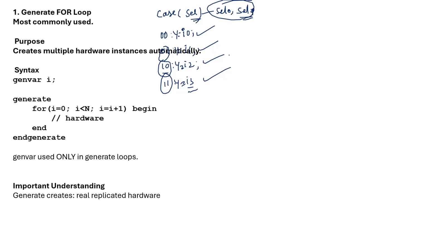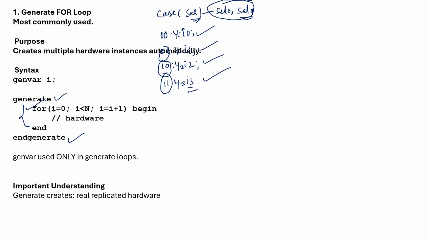What condition are we checking? Between generate and end generate, whatever hardware you want to repeat, you can write that. I told you for loops are not synthesizable in our RTL, so I am utilizing this one.